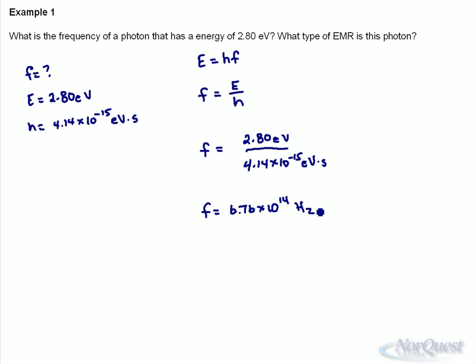And that's right within the visible region of the spectrum. You would be able to see this photon. Now it's one individual photon. Remember, this formula is energy per photon, energy per packet, energy per quantum of light. And that's what Planck's formula is talking about. The only thing you really have to watch out for is to make sure you've got the right units.